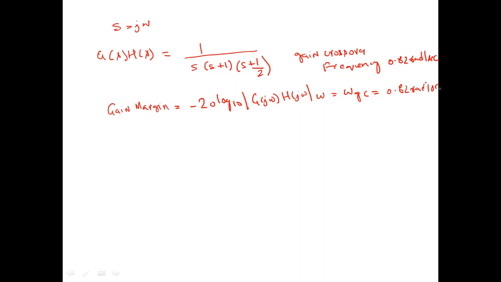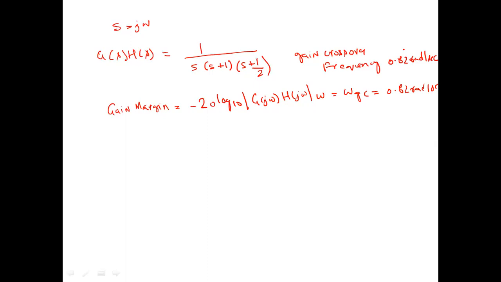Now, the gain margin definition, which we have seen in the previous lecture (those of you who have not seen it, please visit the previous lecture), is the margin by which gain can be increased before the system reaches the verge of instability.